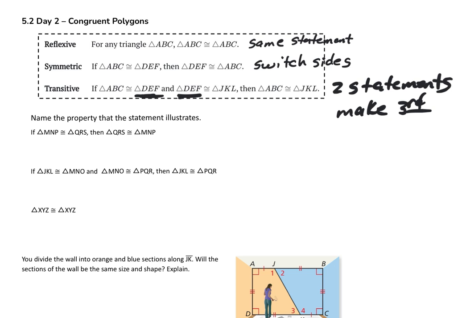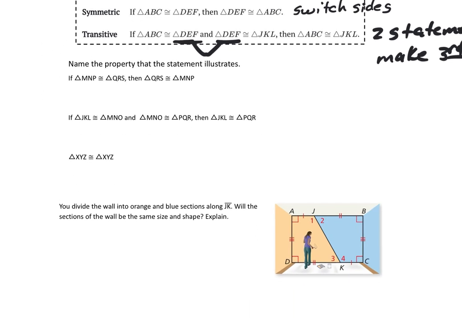And because they're both congruent to DEF, then they're congruent to each other. ABC is congruent to DEF, DEF is congruent to JKL, therefore ABC is congruent to JKL. So they have a common piece between them. They're both congruent to DEF, so therefore they're congruent to each other.